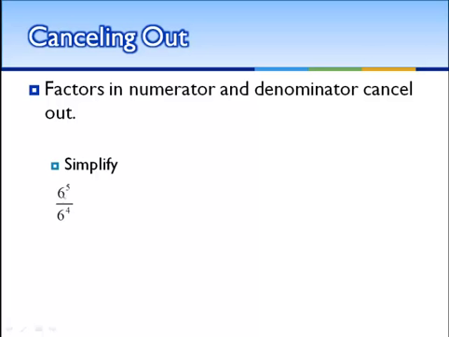These are bases. And so I need to look at factors. If I rewrote this, either on paper or in my head, I would see that I've got 5 factors of 6 and 4 factors of 6 on the bottom. And if I start canceling them out, I'm left with 1 factor of 6 in the numerator. And so that's 6 over 1, or just plain old 6.